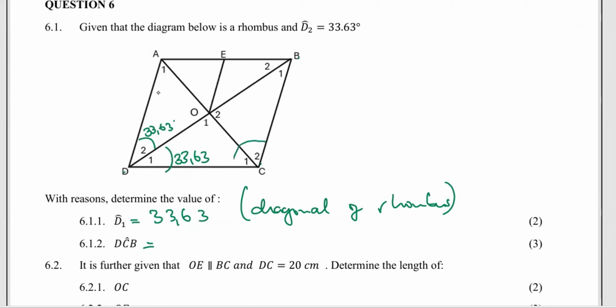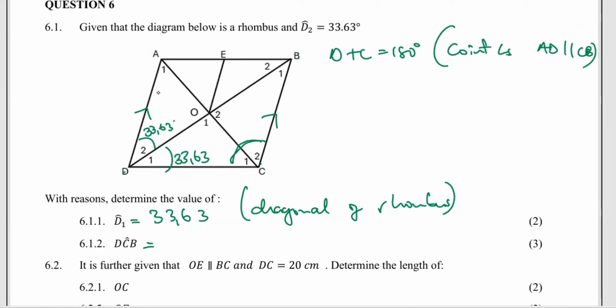And then they want us to get DCB, this entire angle. Now we know that with a rhombus these two will be parallel. We know that D and C form what we call the co-interior angles. Co-interior angles must be equal to 180. So we shall say AD is parallel to CB.